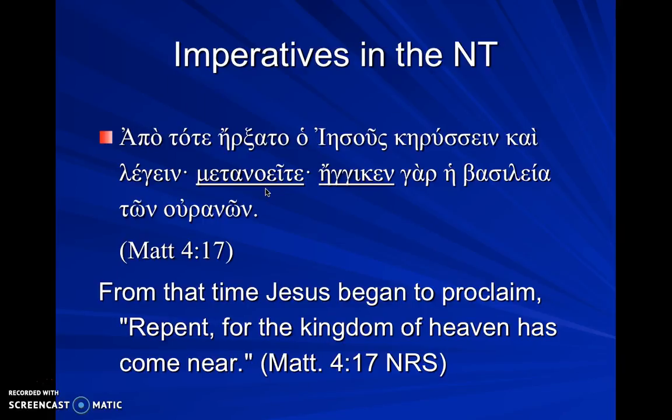Sometimes we have to bring that out in the translation, but you could possibly say, keep repenting, for the kingdom of heaven, engiken, has come near, or is near. Remember, that's a perfect, so instead of has come near, it can have the present implications drawn out. But metanoeite is a present imperative. But remember, we're focused more on the type of action than the timing of action, because we're out of the indicative mood. Repent, or keep repenting, for the kingdom of heaven has come near.